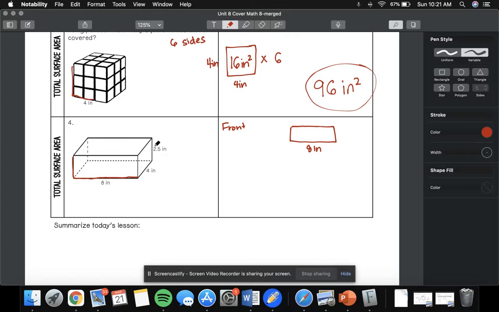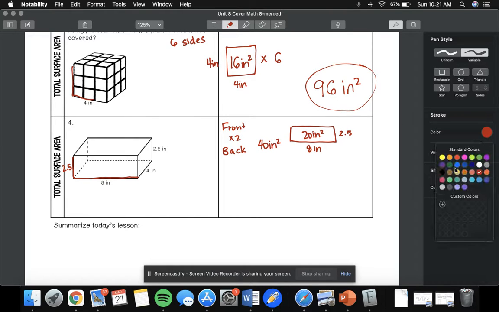And then if this is 2.5, this has to be 2.5. Okay, so I'm going to do 8 times 2.5, and I get 20 square inches, okay? And then I'm going to double it because if this is the front, the back would also be 20 square inches. So that would be 40 square inches for the front and the back.